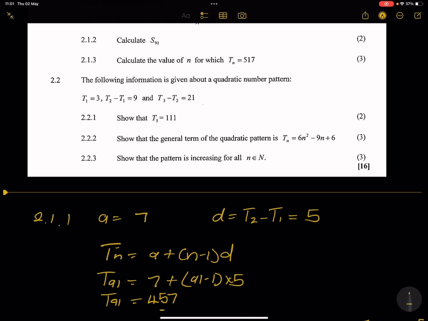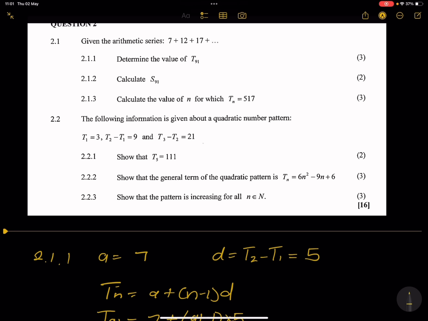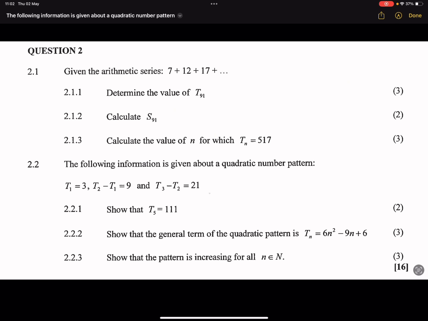They say to us, the following information is given about a quadratic pattern. First of all, term 1 is 3. They say term 2 minus term 1 is 9. So they give us the first term to be 3.